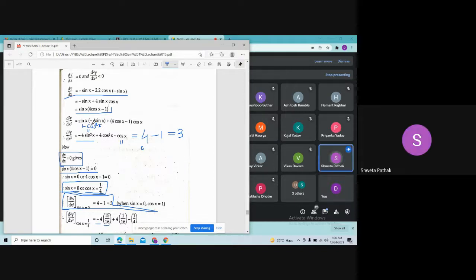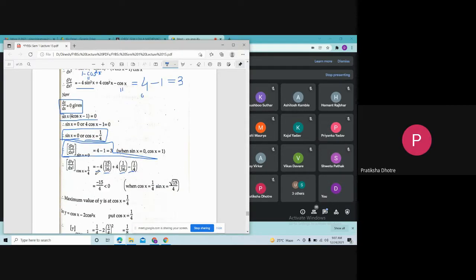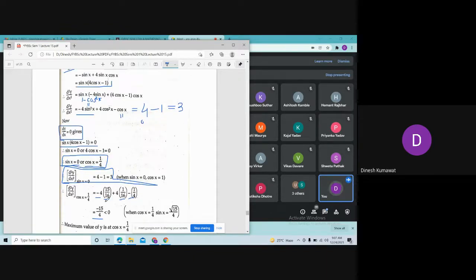Yes, sir. Plus 4 into 1 upon 16 minus 1 upon 4. Is this clear? Yes, sir. Now in this case we are having minus 15 by 4. Try to check whether you are getting minus 15 by 4 or not.